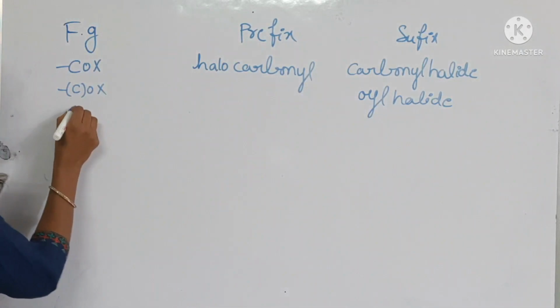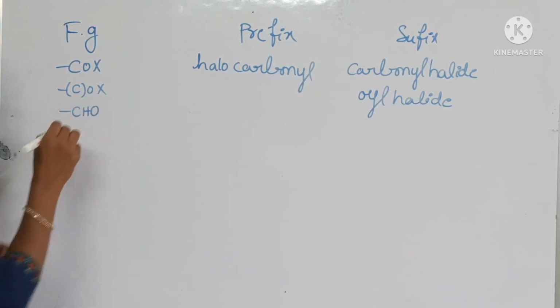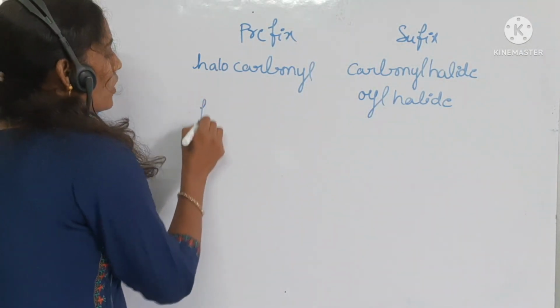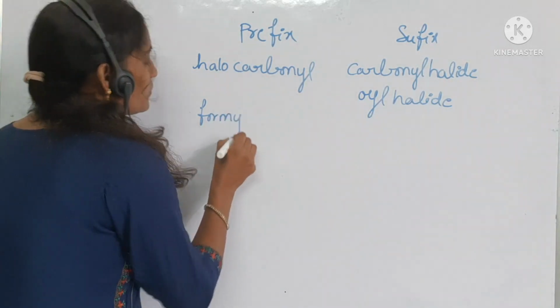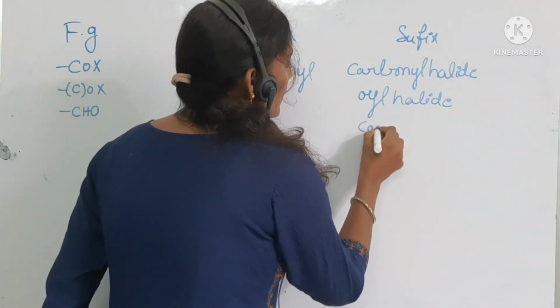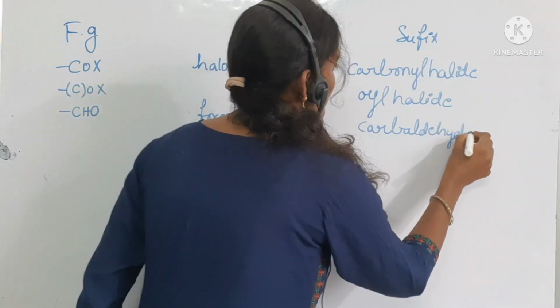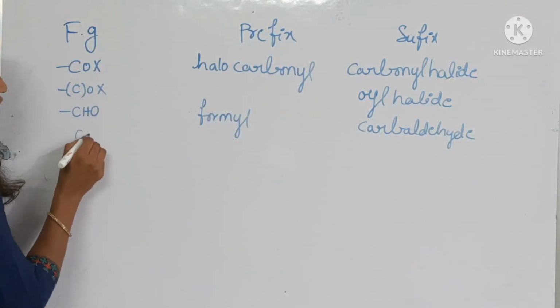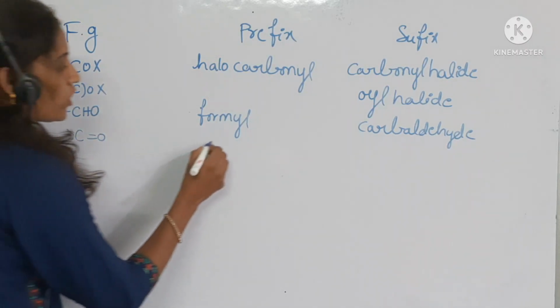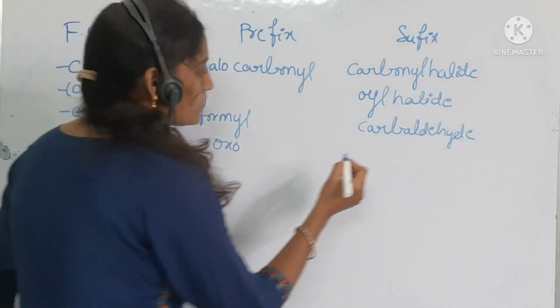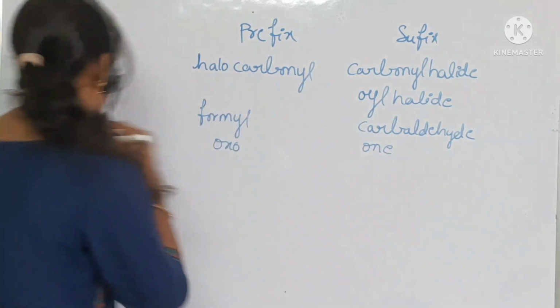Then go to the next functional group, CHO, the aldehydic functional group. Formyl for prefix, carbaldehyde for suffix, students. Then ketone, the keto functional group: oxo for prefix, one for suffix.